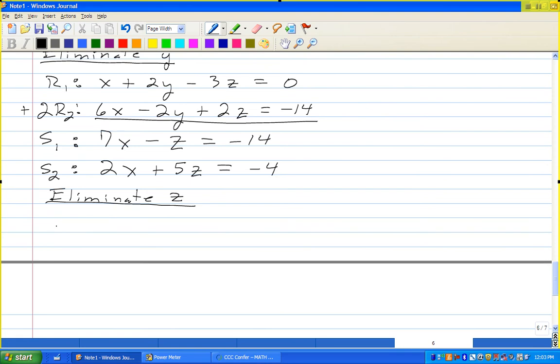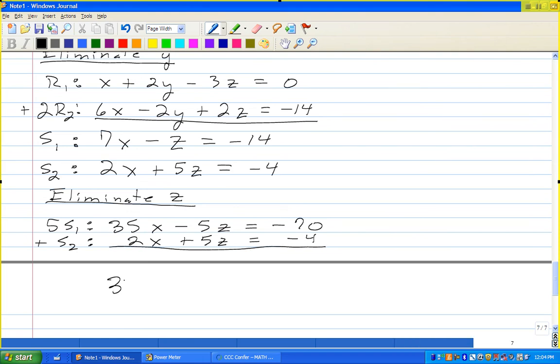To eliminate z, I'm going to take 5 S1, 35x minus 5z equals negative 70, and add that to S2, which is 2x plus 5z is negative 4.